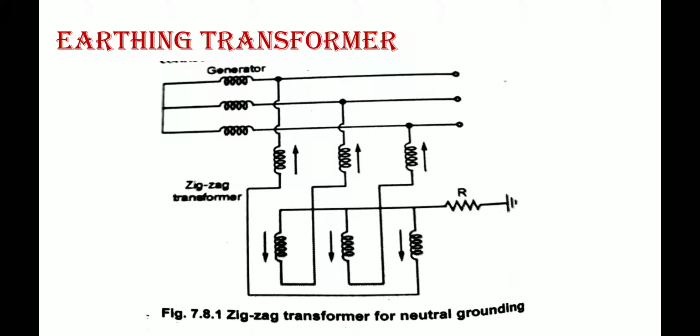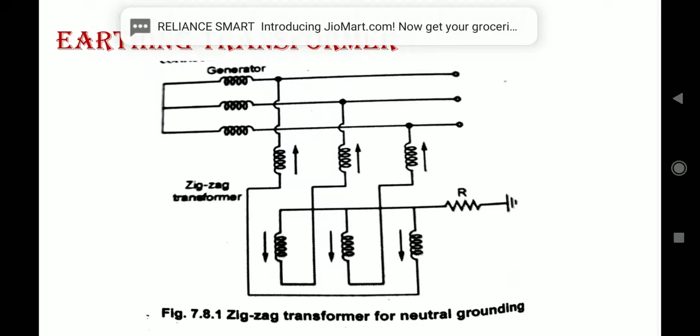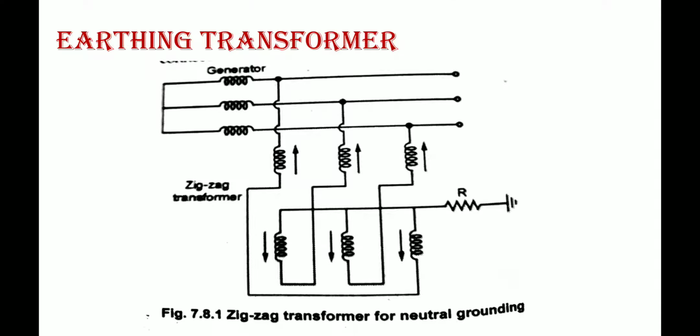This zigzag transformer terminates the harmonics of the power system, and it also protects the power system, by reducing the stress of the voltage under fault conditions itself. We can come across various kinds of faults on the power system, symmetrical faults and unsymmetrical faults, for example a line to ground fault, a double line to ground fault, or line to line faults.